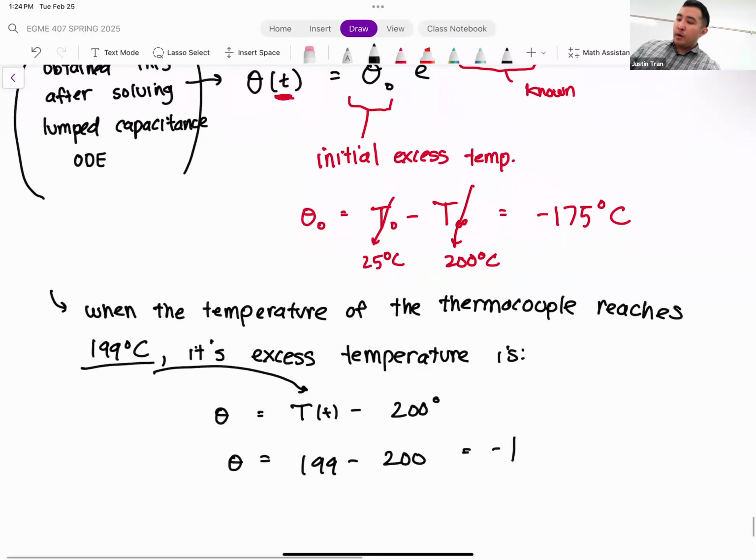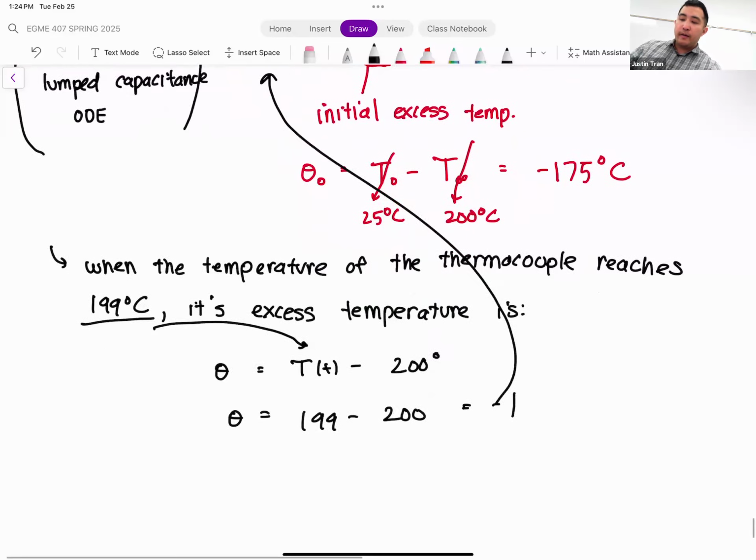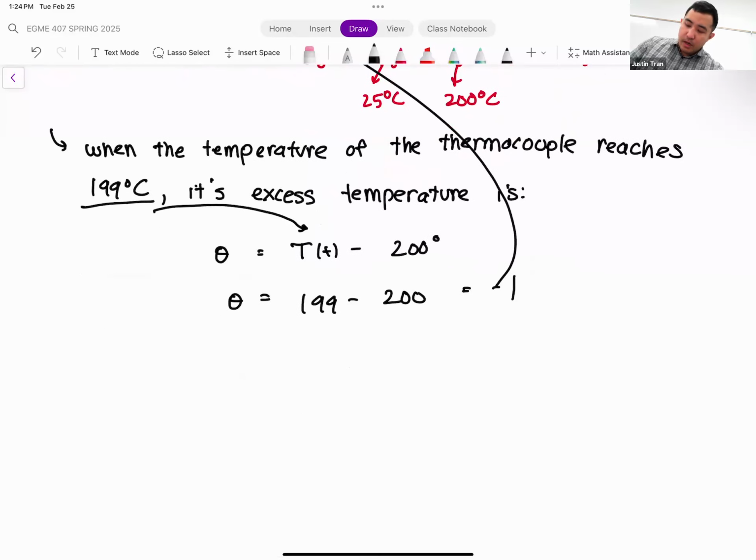And so what we're going to do is plug -1 into that expression up there. So -1 is equal to minus 175 e raised to the minus hAs over rho V c times t.